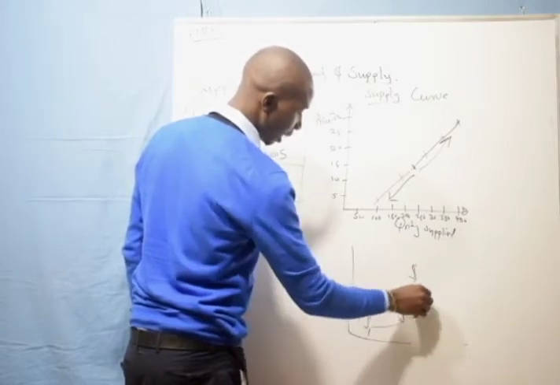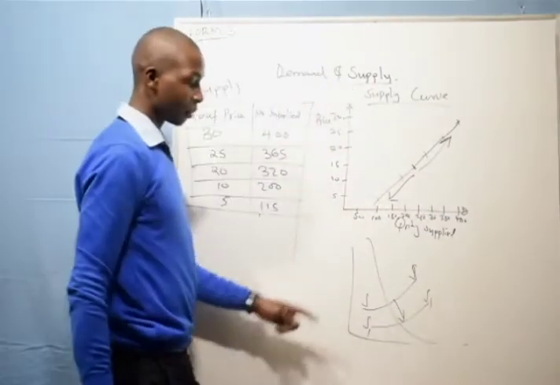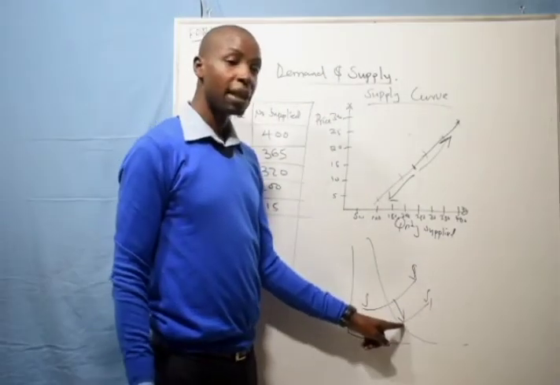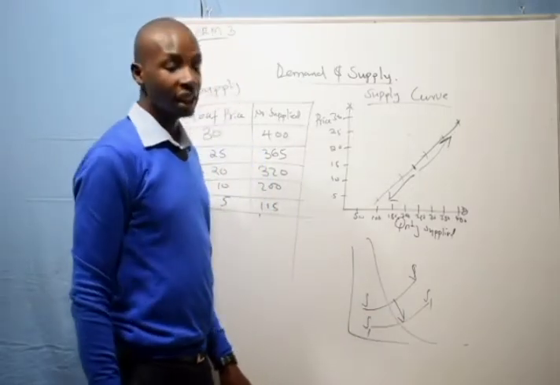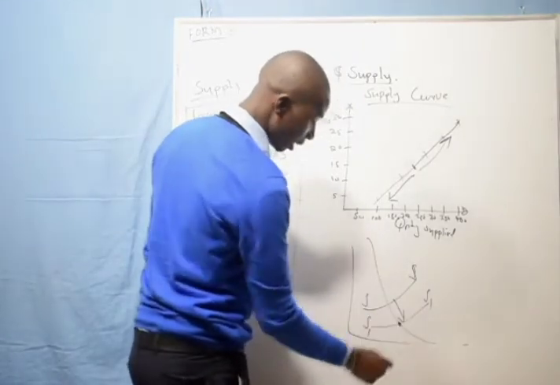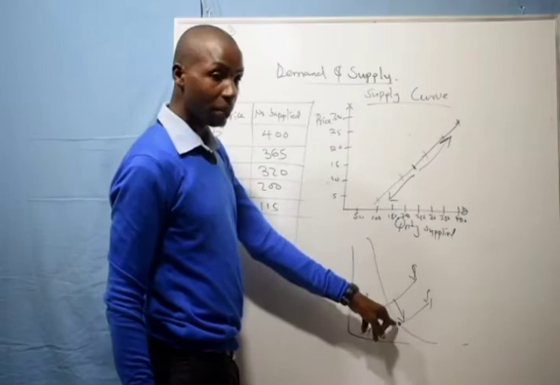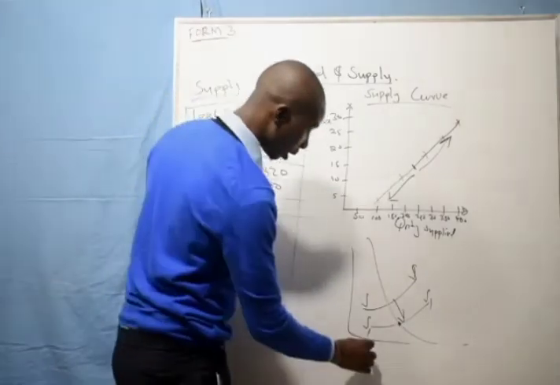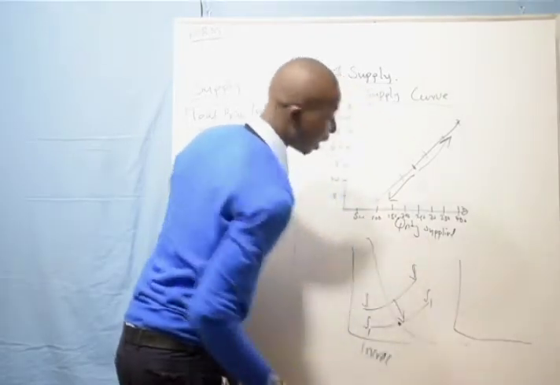Let's have a demand curve running that way. If a supply curve shifts to the right, it means an increase in supply. When an increase in supply occurs, the demand will be higher because the prices will be low.